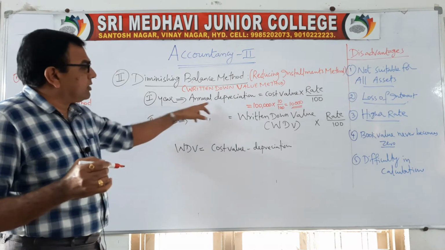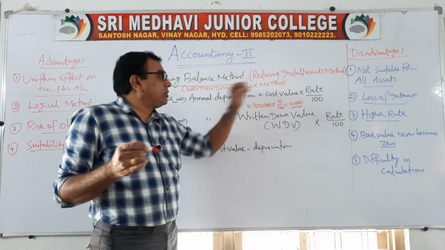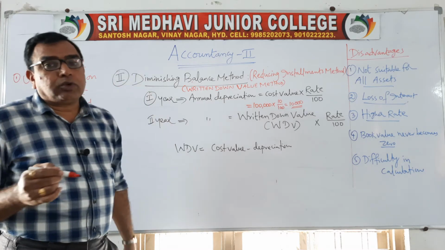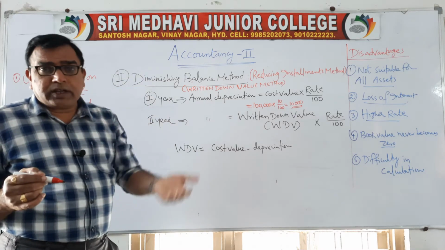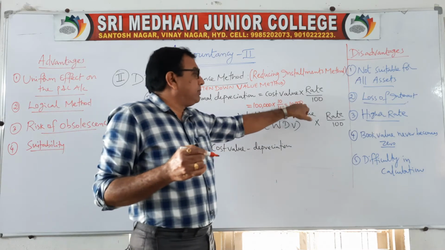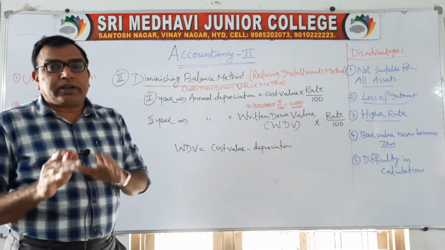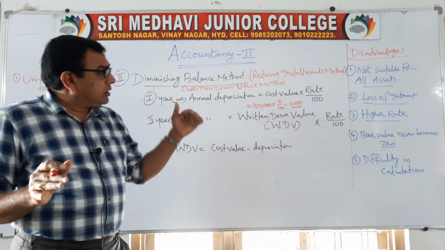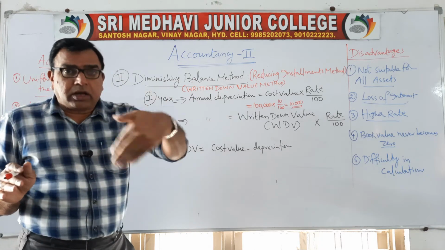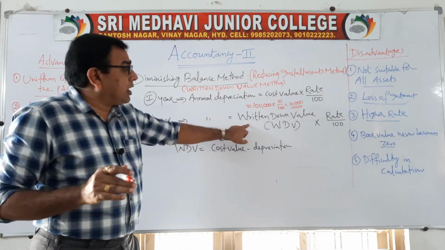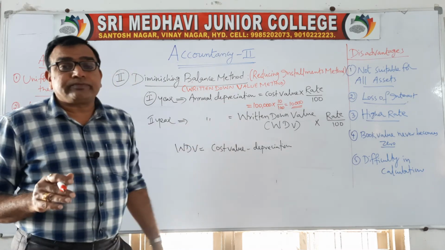In the fixed installment method, for the number of years we prepare the ledger, we take the same 10,000 for all the years. But in the diminishing balance method, it is not like that. The depreciation in the consequent years is calculated on written down value, not on the cost value.